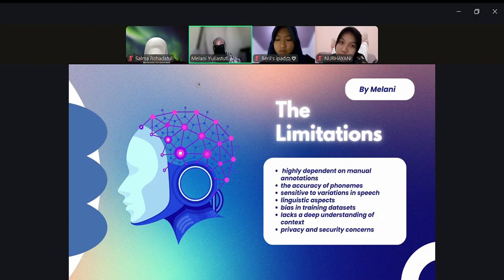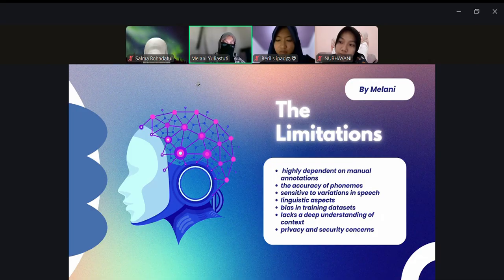And maybe the last is about privacy and security concerns. We also know that one of the problems we can find with AI is the security and privacy of the users.